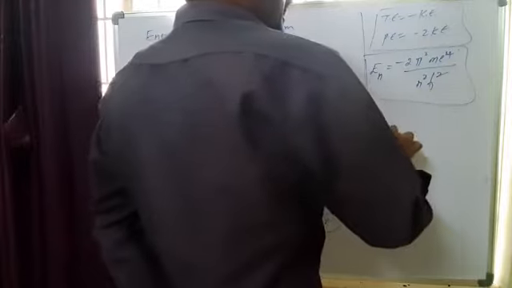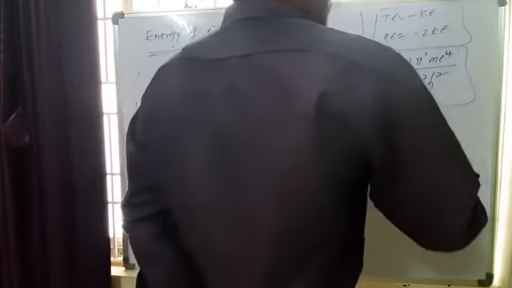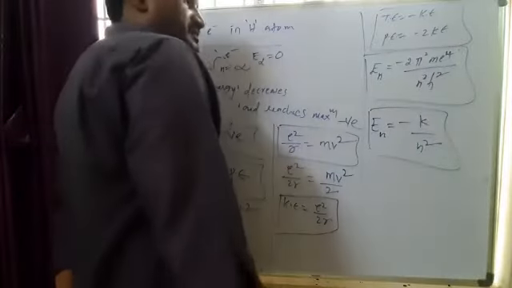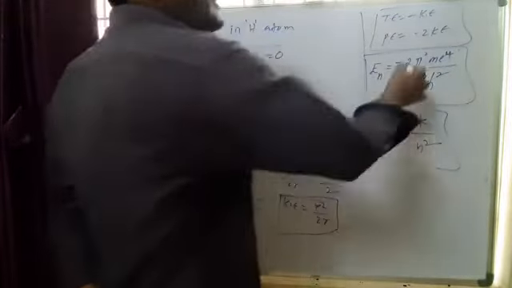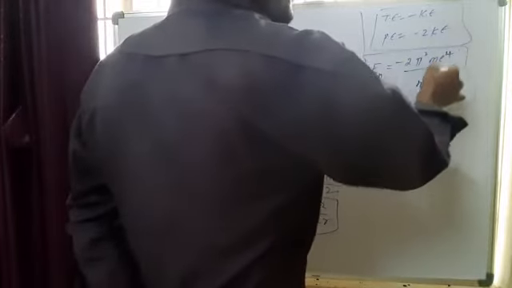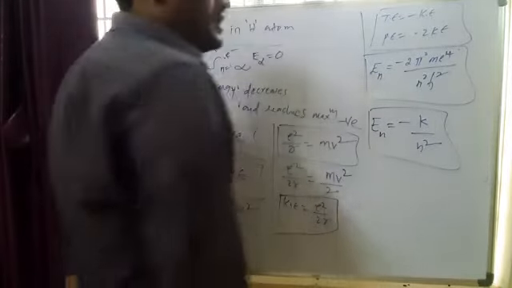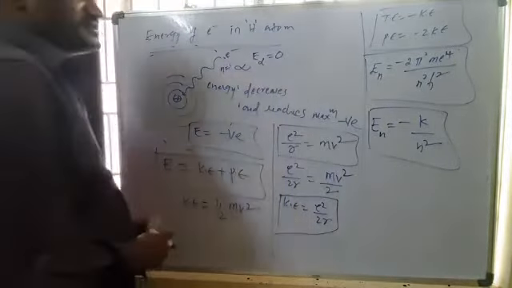So energy of nth orbit equals minus k by n square, where k equals 2 pi square m e power 4 by h square.